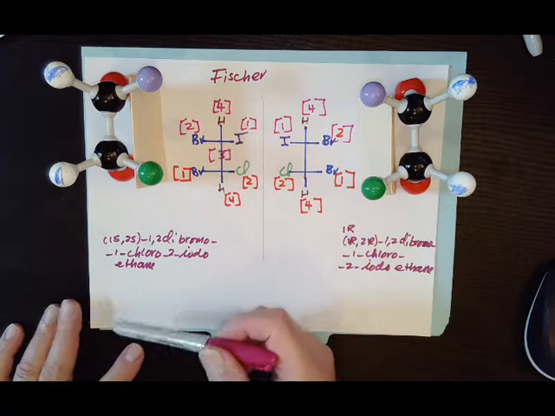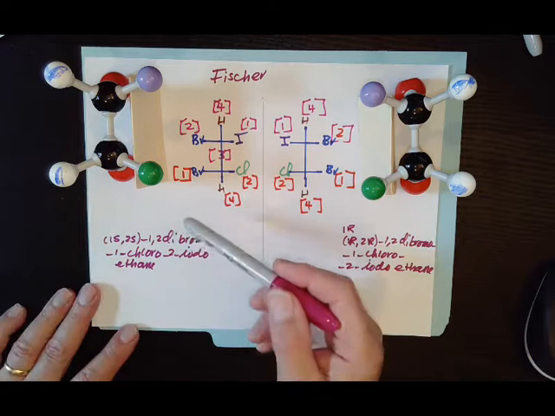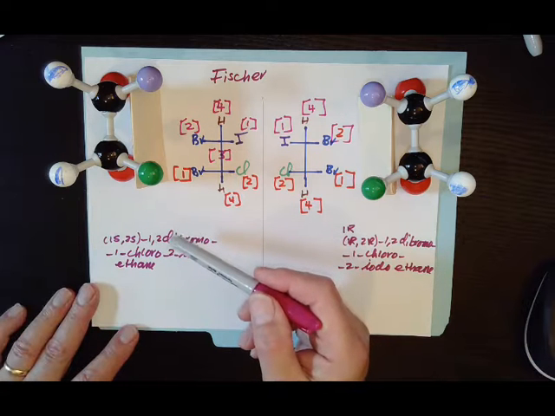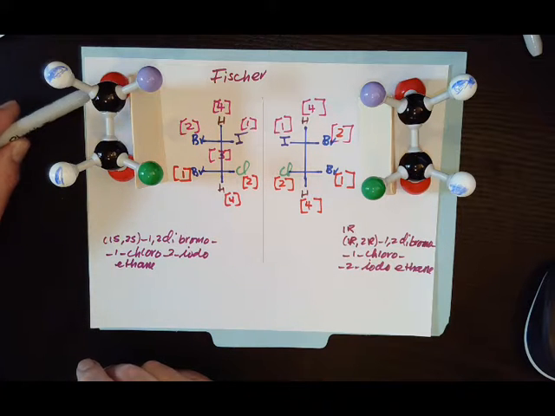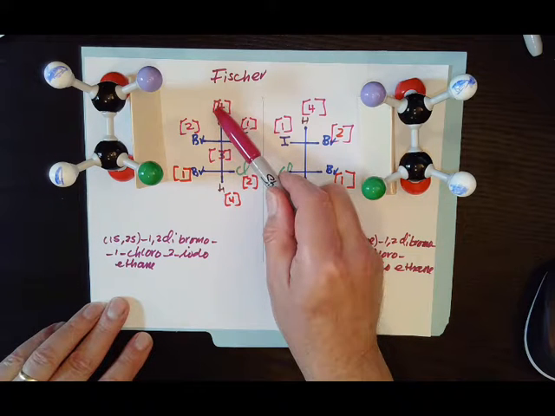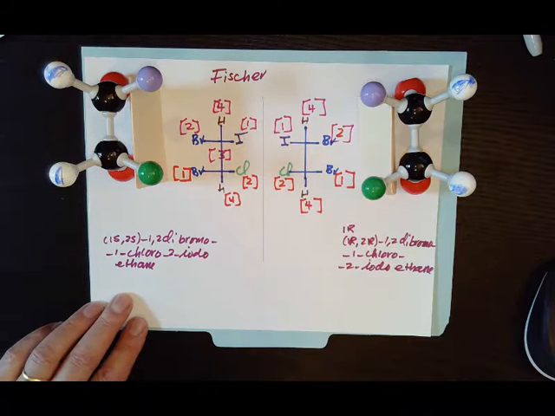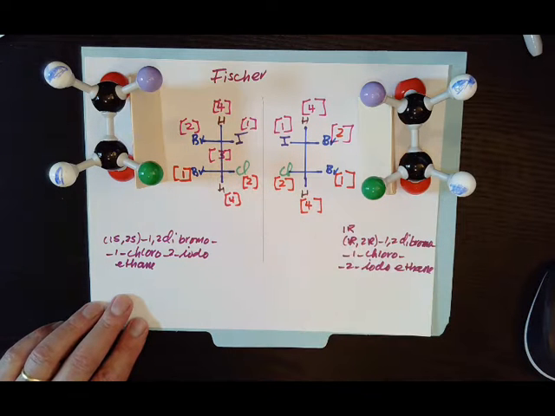Again, we have to learn this; the Fischer projection is important. So he proposed the line or bond going away from us, that is from the hydrogen to this carbon here, we show it on top. This top part of the Fischer projection represents a bond going away from us. This carbon-hydrogen bond at the bottom also shows the bond is going away from us.